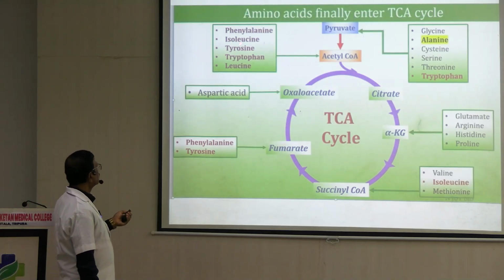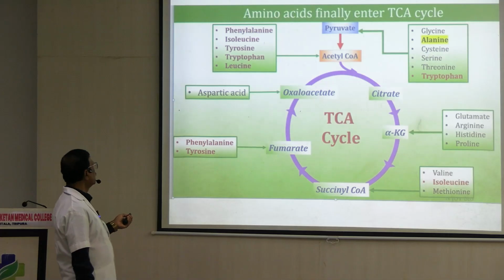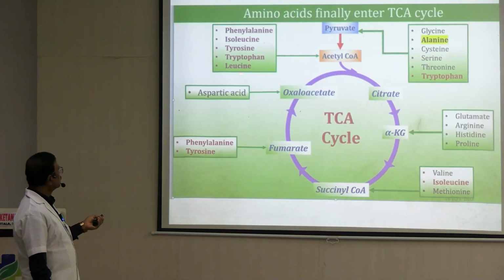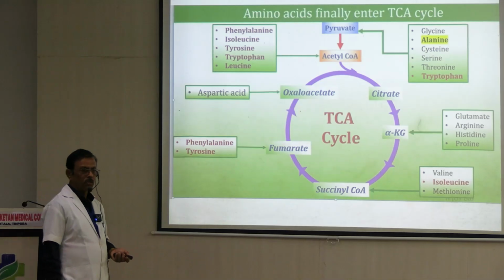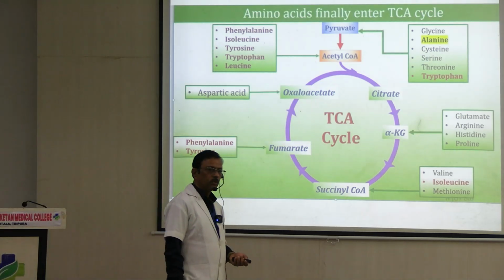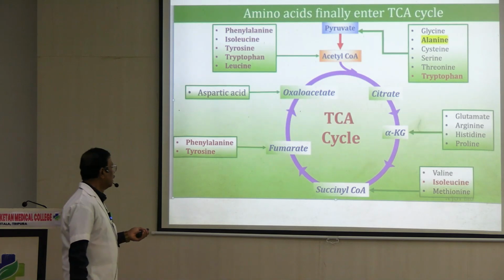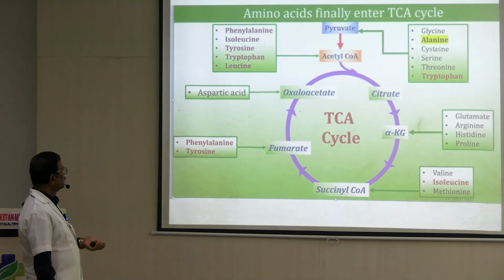Phenylalanine, isoleucine, tyrosine, tryptophan, leucine form acetyl-CoA. Leucine is purely ketogenic. It is broken down into acetyl-CoA and can take part in the TCA cycle.